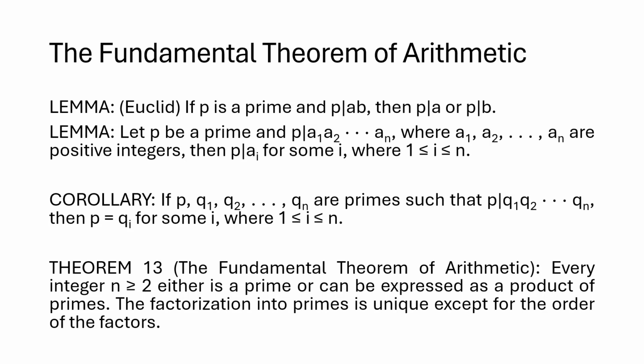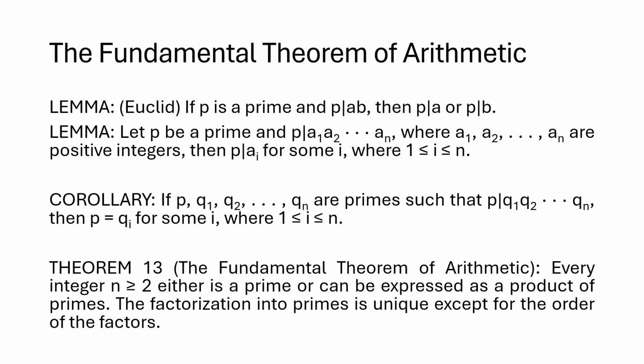We can establish unequivocally the assertion that prime numbers are the building blocks of all integers. In other words, integers that are greater than or equal to 2 are made up of primes. That is, every integer greater than or equal to 2 can be decomposed into primes.